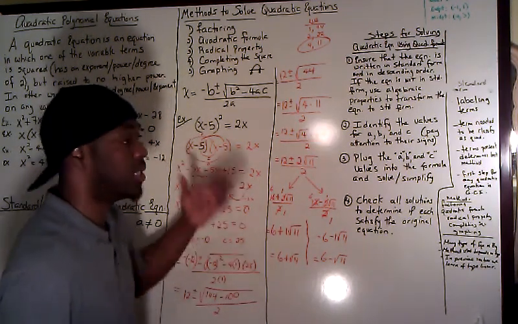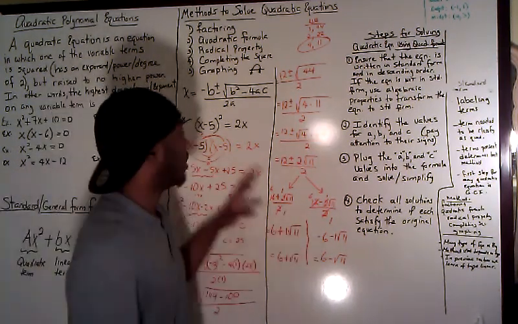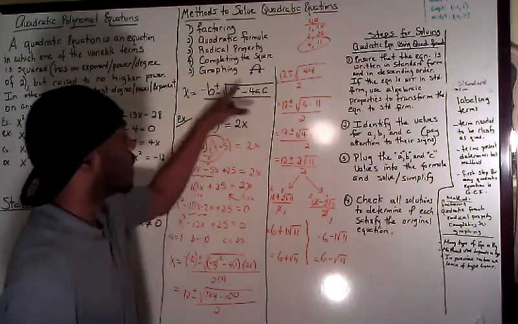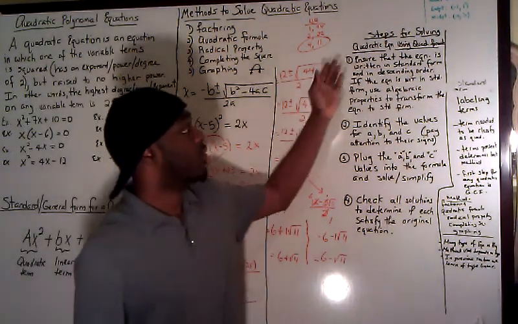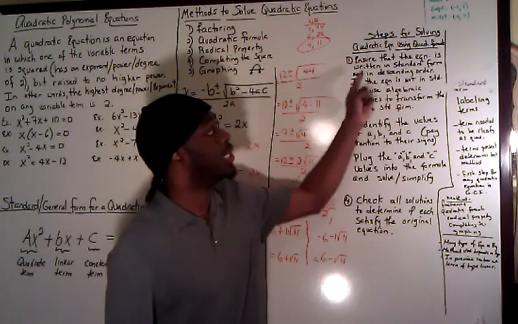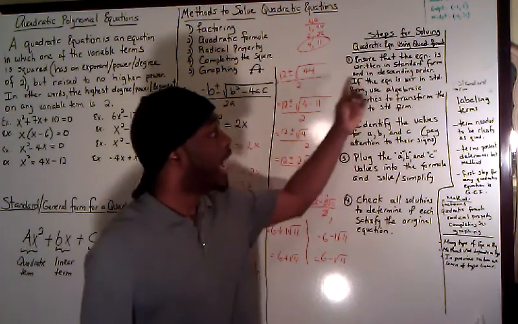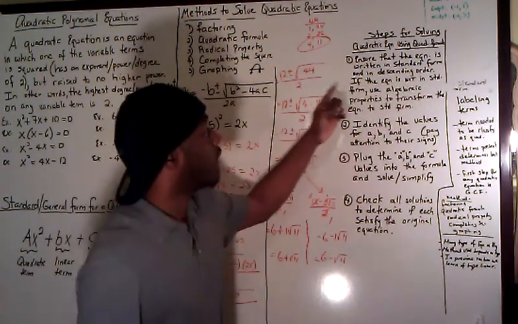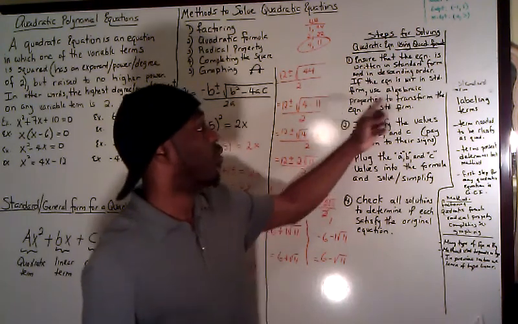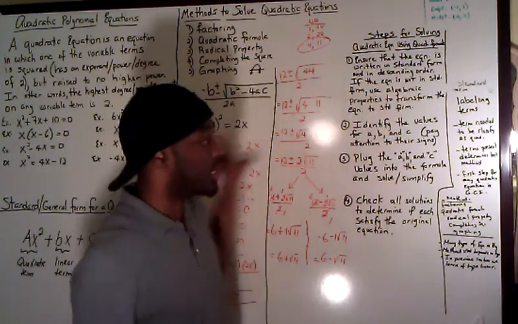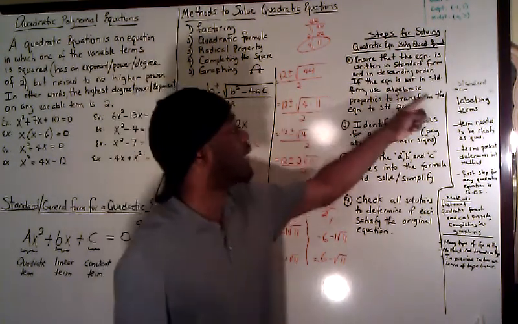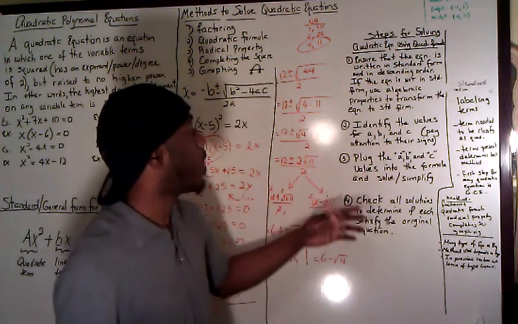So let's look at the steps again to use the quadratic formula. First, we ensure that the equation is written in standard form and in descending order. If it is not in standard form, use algebraic properties, such as what we did earlier, to transform the equation to standard form.